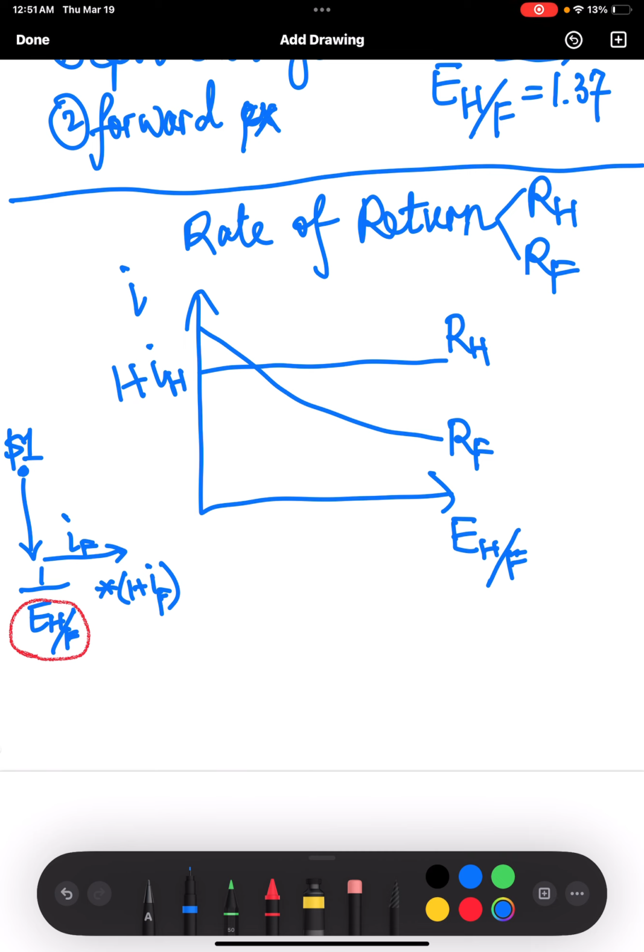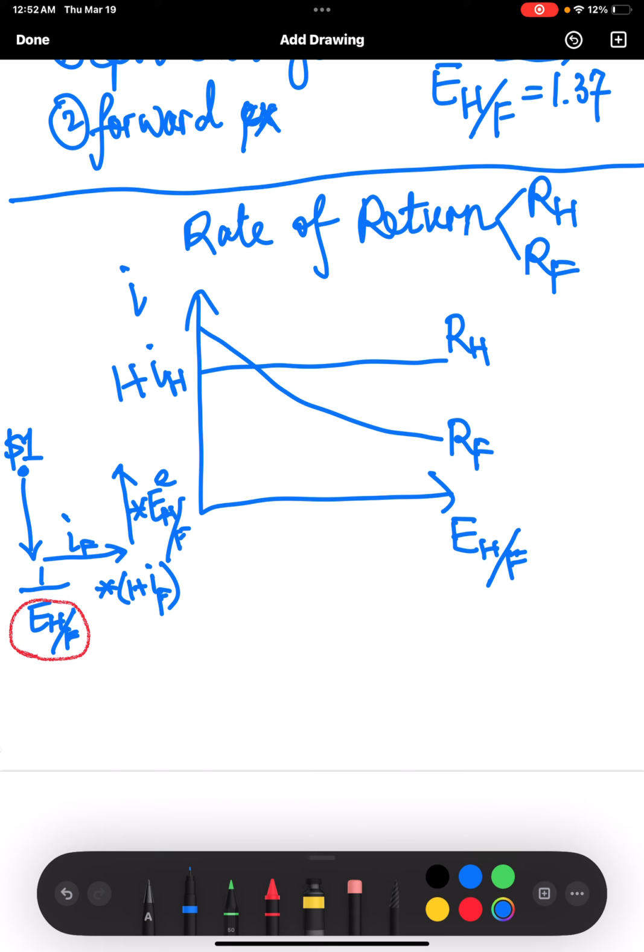So a year from now, after you get this money from the foreign asset, you would again exchange it back to the home currency. And for that, you would multiply by the spot currency at that time, which is the expected exchange rate.